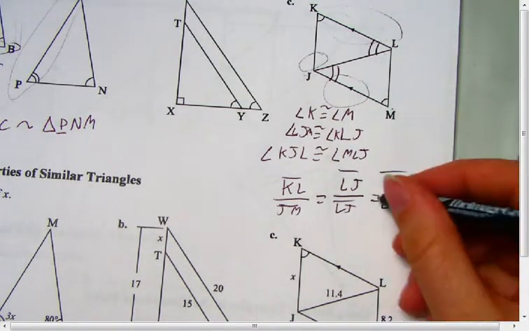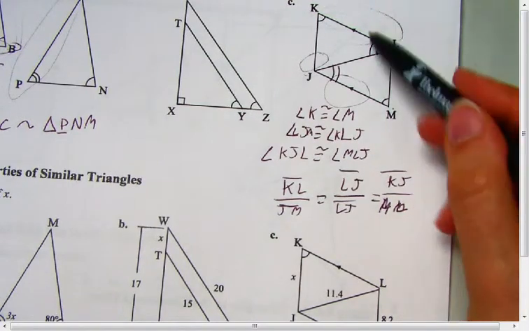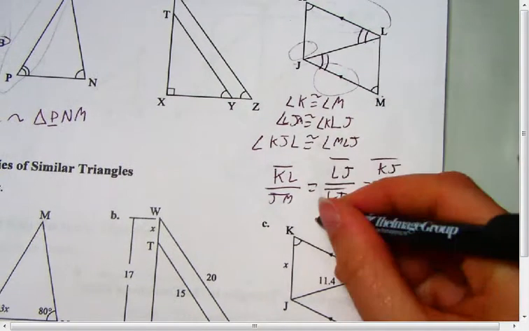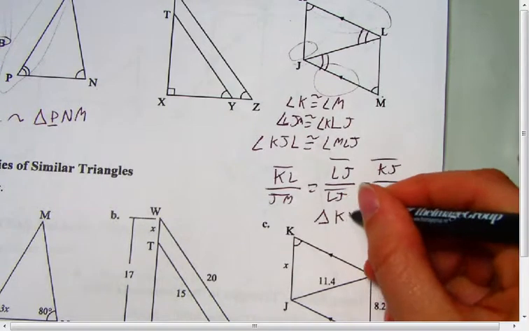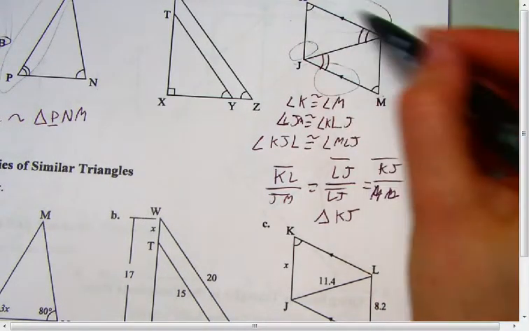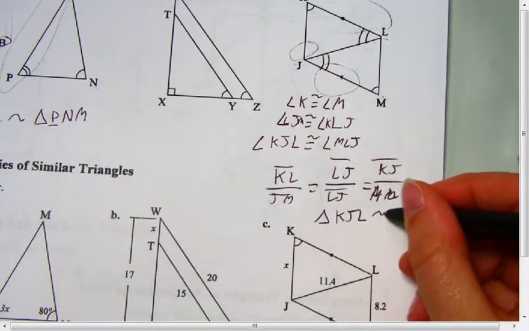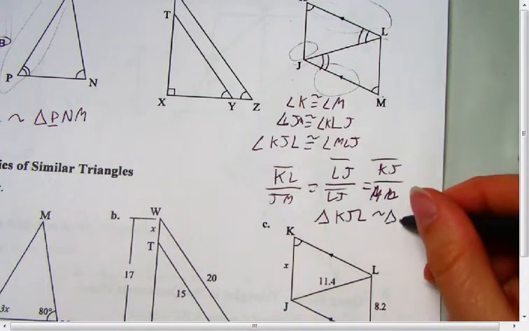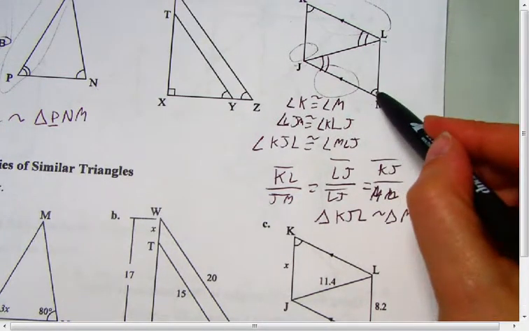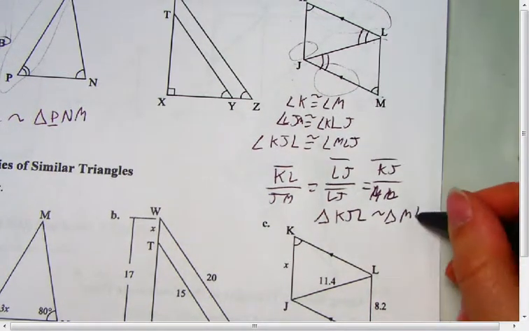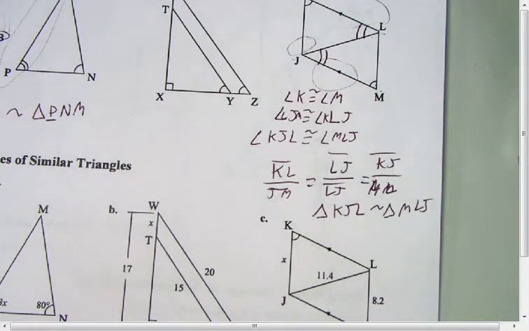Oh, it's ML because K and M are congruent. And then triangle KJL is similar to triangle MLJ. Yeah. It's a little bit harder. Questions about those?